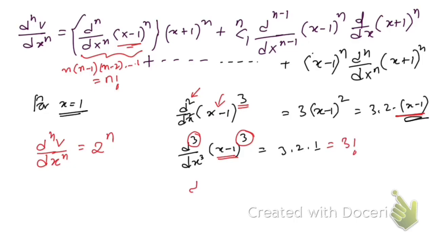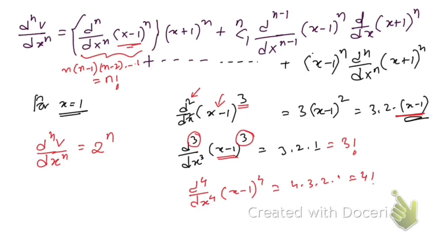If you take the fourth order derivative with respect to x of (x minus 1) whole to the power 4, then you're going to get 4 into 3 into 2 into 1, that's going to be factorial 4, right? So here we have the nth order derivative and the power is n, so that's why we're going to get factorial n.